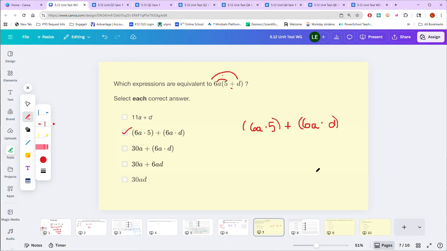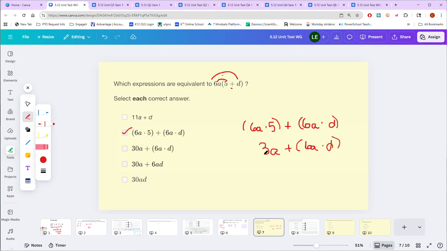All right, the next thing I could do is go ahead and multiply the 6a times 5. So 6a times 5 would give me 30a. And then I would still have the 6a times d, because I didn't multiply that out.